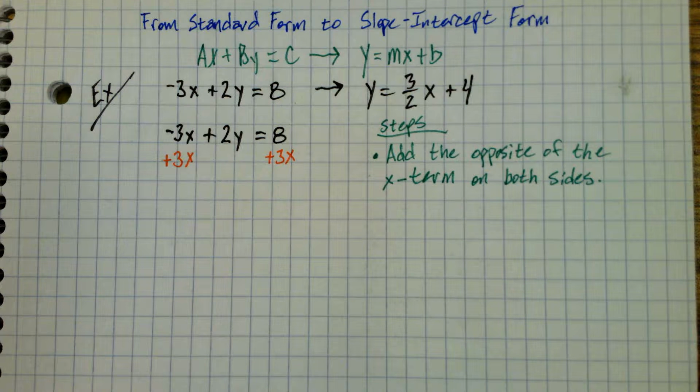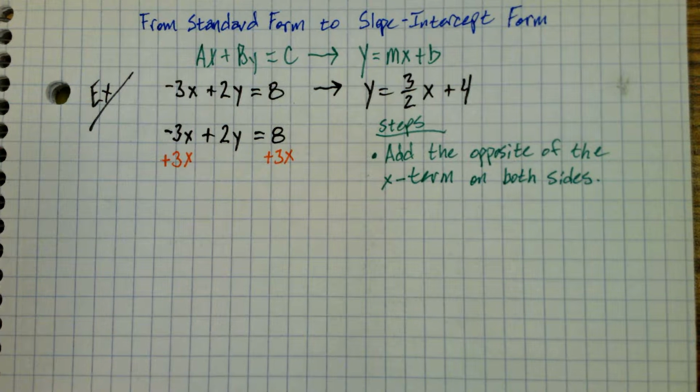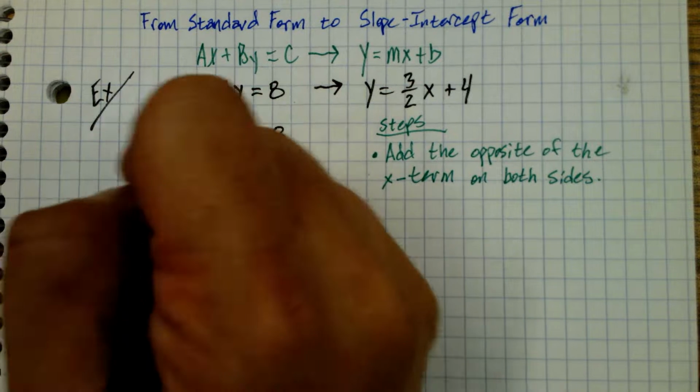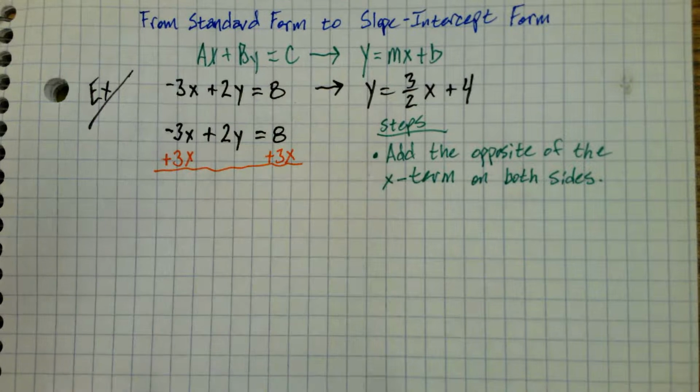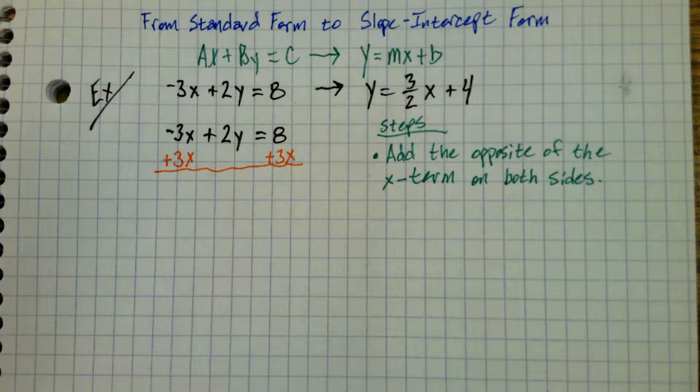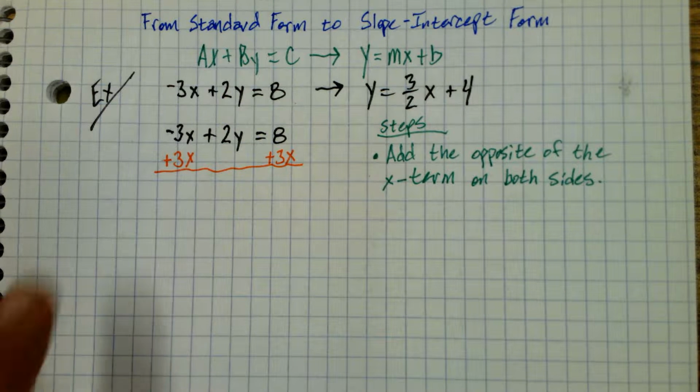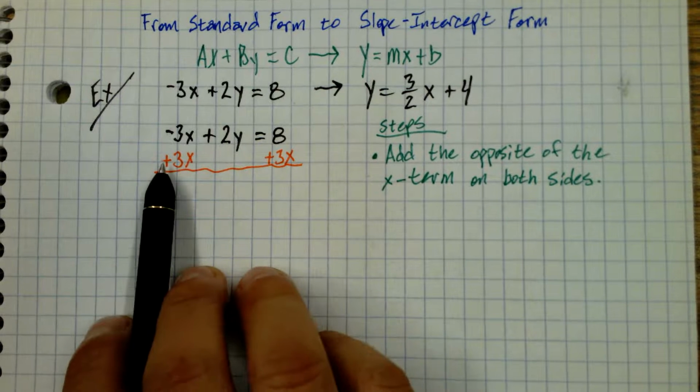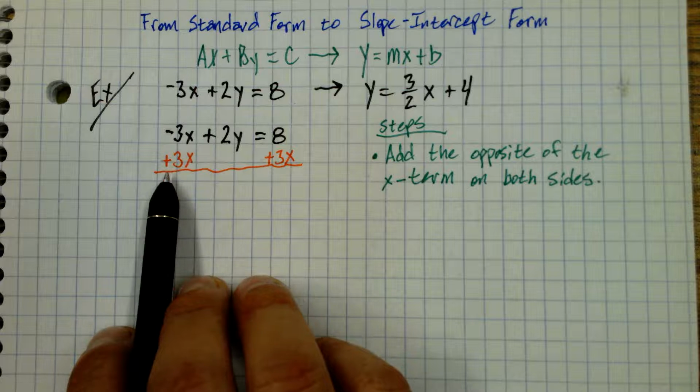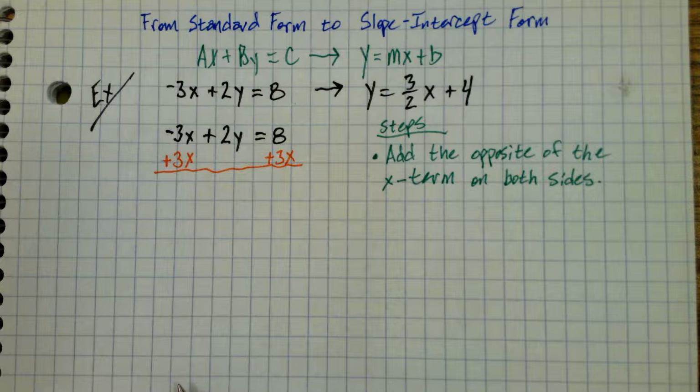Okay. And so that's what we did here. I saw negative 3x. I said the opposite is positive 3x. Because what's going to happen when you add opposites, in particular negative 3x and positive 3x?